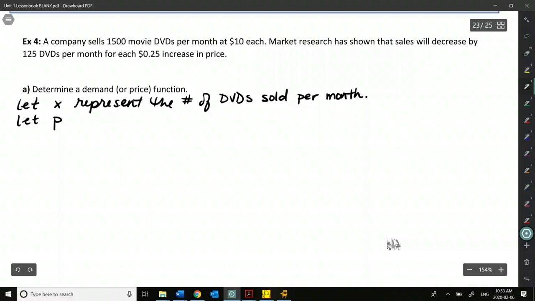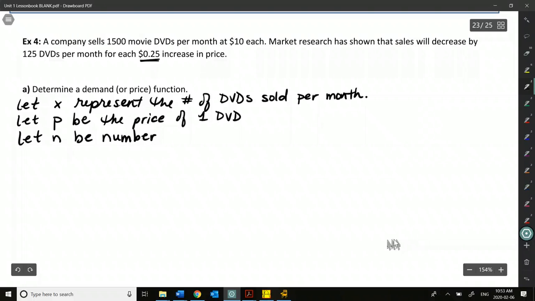We're going to have P for price, or rather maybe cost. No, we'll say price. Let P be the price of one DVD. And we're going to have an N as well. That's going to be the number of price increases. We're increasing by 25 cents, so it will be the number of 25-cent price increases.